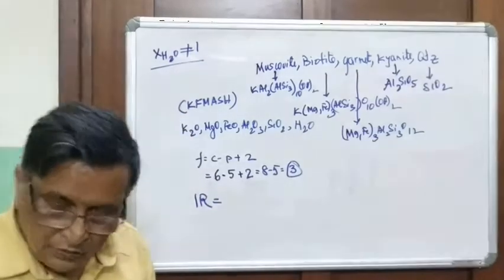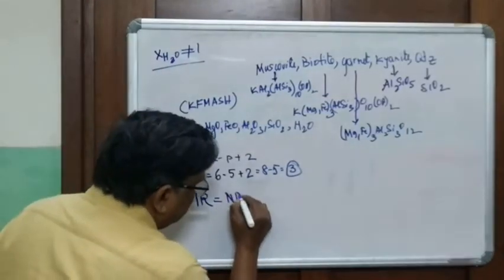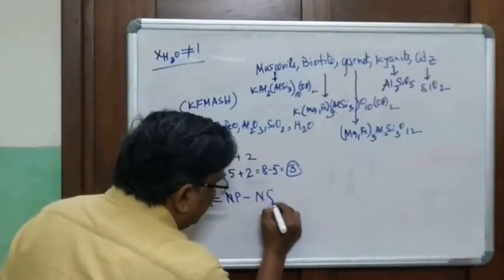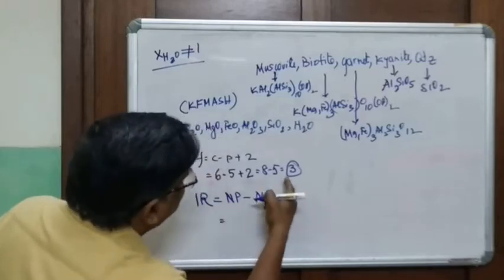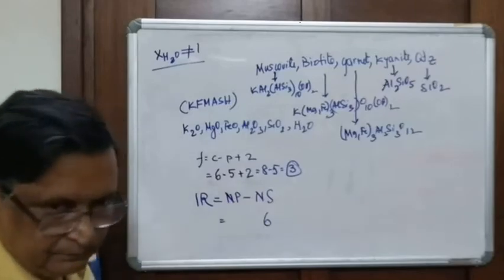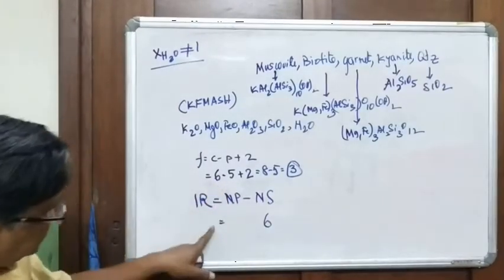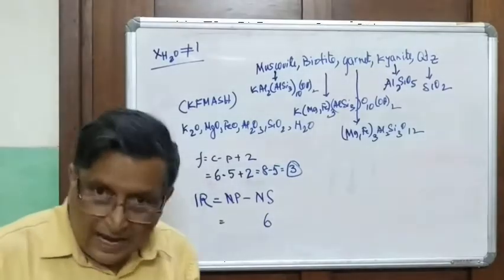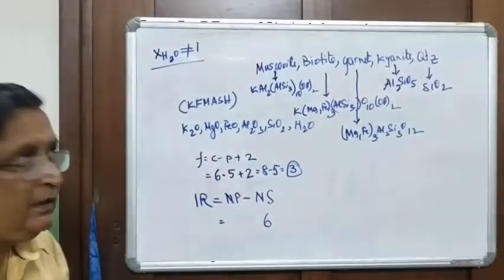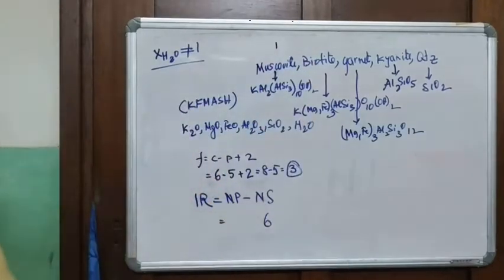Number of phase components minus number of system components, and we already know the number of system components is 6. Now, the number of phase components: how many? For muscovite, it's 1 because it's a pure phase.